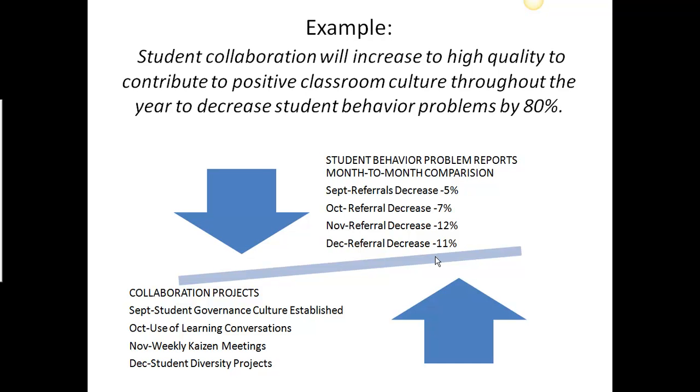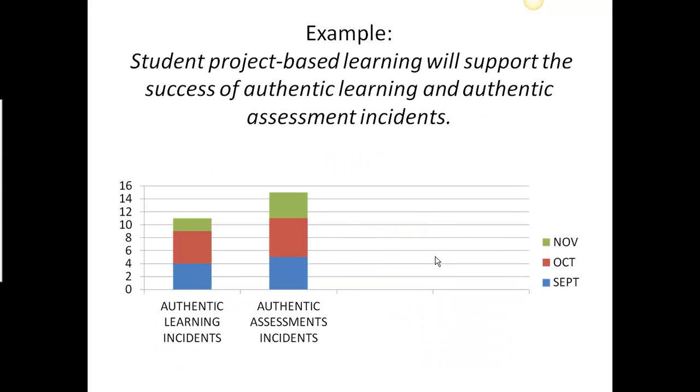Or you might begin to see in December diversity projects emerging and lots of appreciation for how that impacts the positive classroom culture. So again, this is just another example as to how to create a visual diagram of a metric and make it become really real in your classroom.